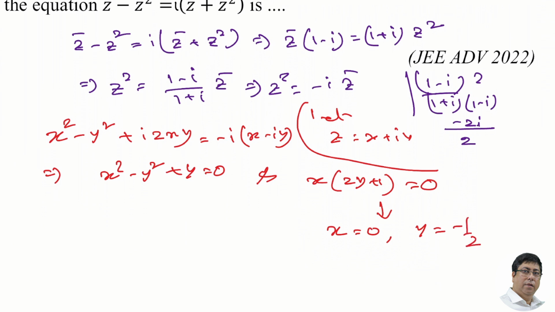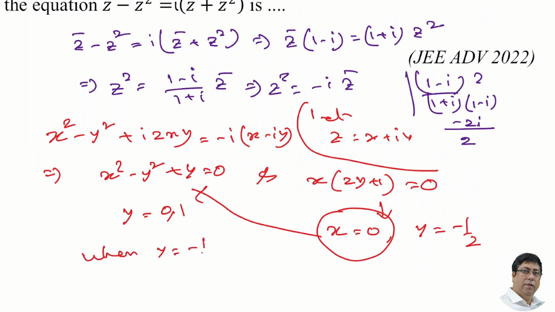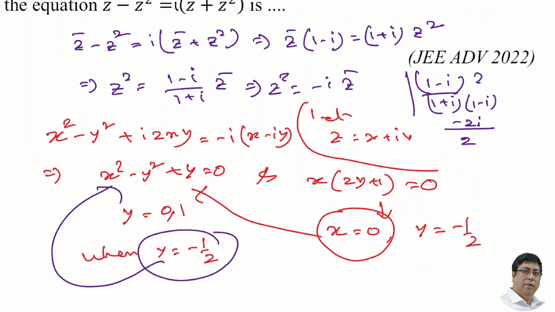When x equals 0, putting it in, we get y equals 0 or 1. When y equals minus half, putting it in, we get x square minus 1/4 plus, that is minus half, y is minus half, equal to 0.